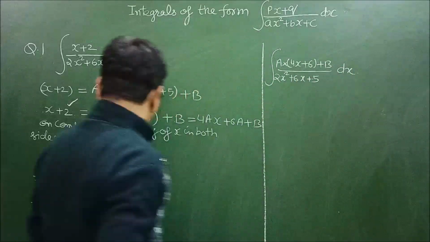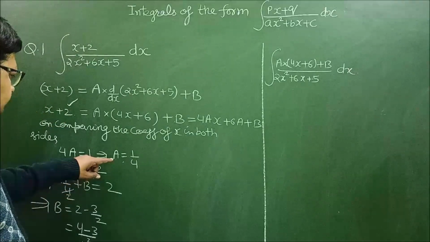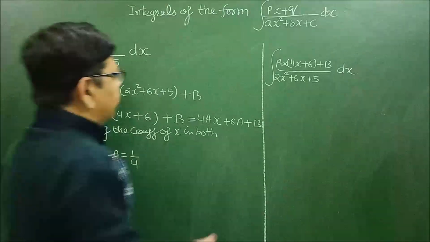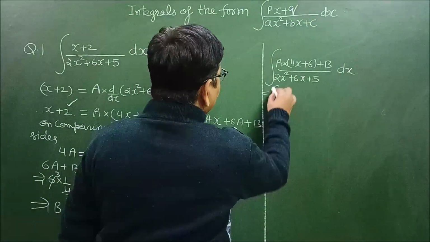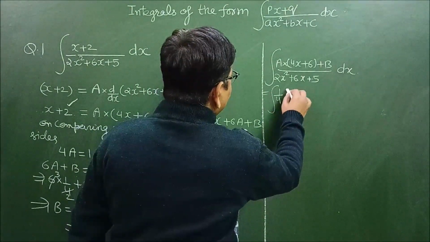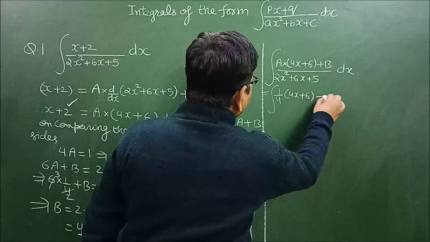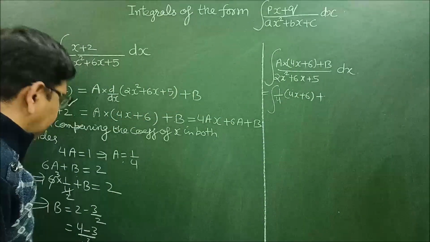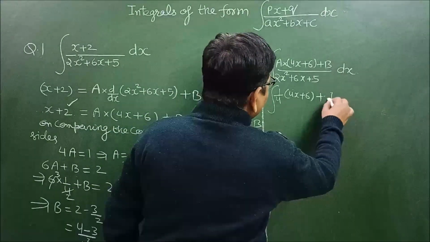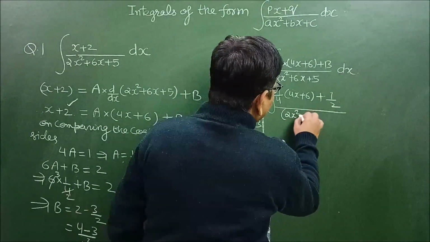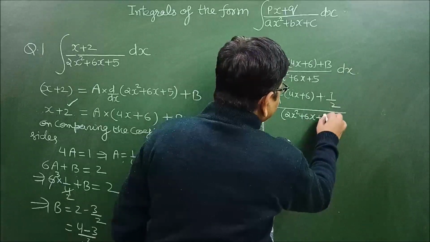Now putting the values of a and b, a is 1 upon 4 and b is 1 upon 2, we get the integral of (1 upon 4 into (4x + 6) plus 1 upon 2) upon (2x² + 6x + 5) dx.